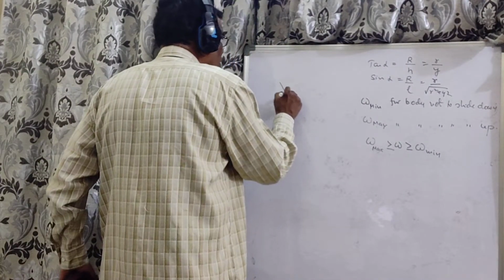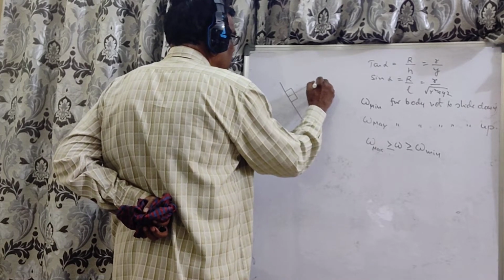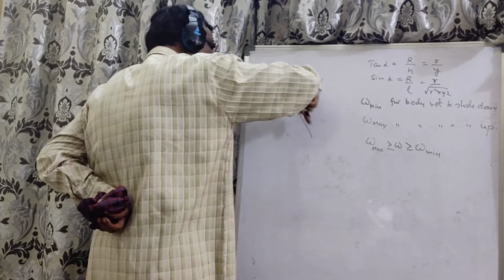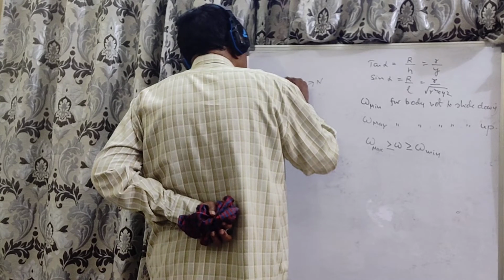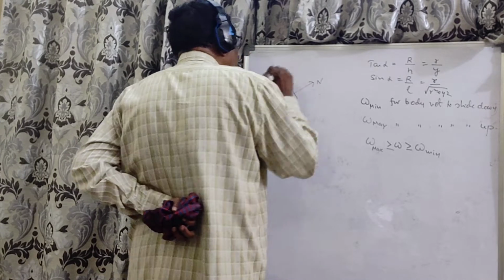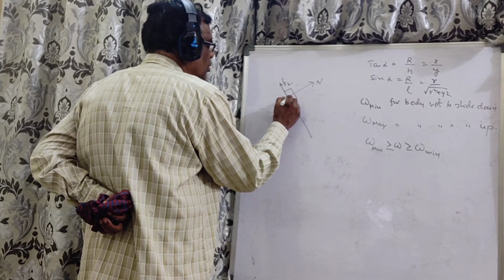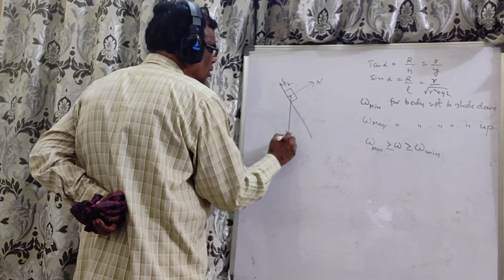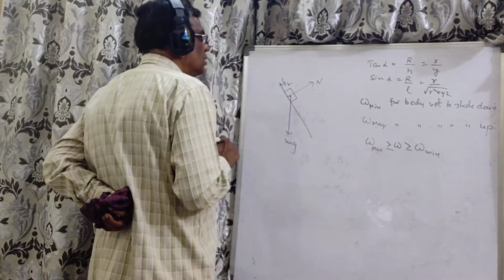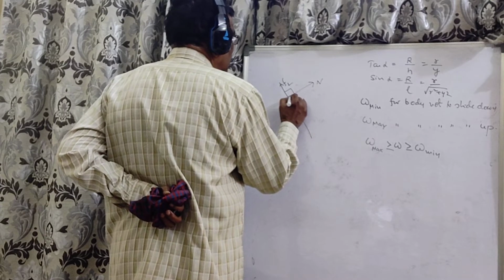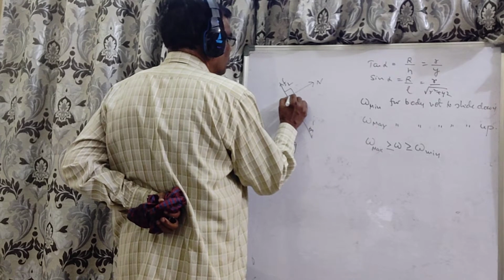So, first of all, I draw this case, N. The body tends to slide down, just that sliding is arrested. So, FL. MG. Okay? Right. So of course the semi-vertex angle is alpha.